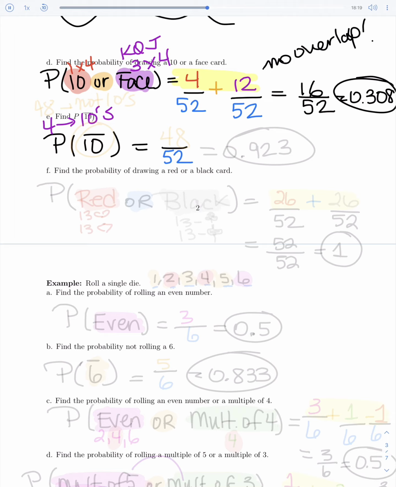That means the other 48 out of the 52 are not 10s. So for not 10s, we have 48 out of 52, and when I divide it out, that gives us a probability of 0.923.